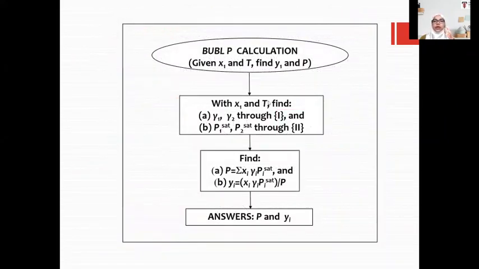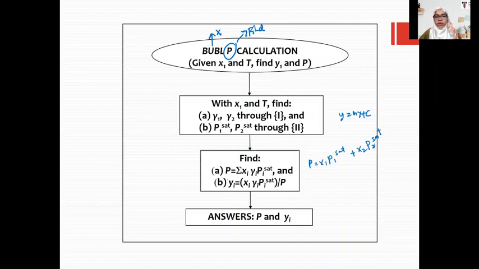Okay, we start with the bubble P calculation. Bubble P calculation, that means we need to find the value of P, or pressure, and the x composition is given. So to determine the P saturation, and then from the value of P, you can obtain the value of vapor composition using the modified Raoult's law.